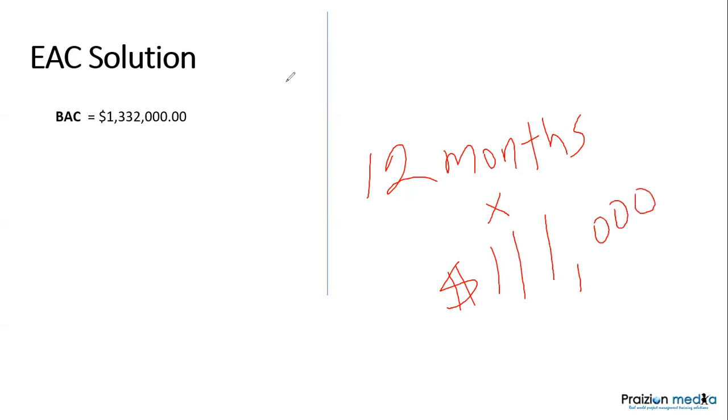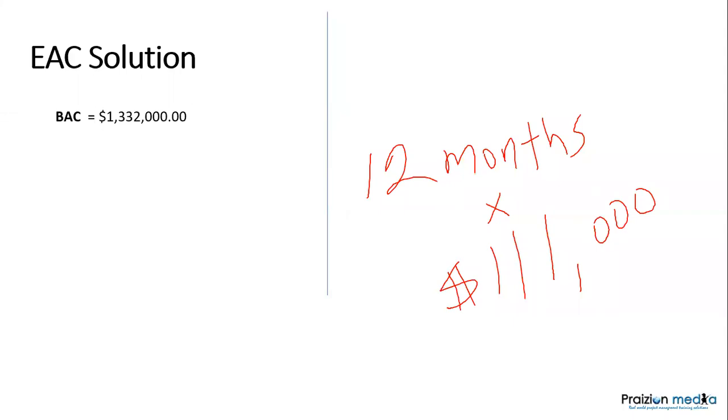So if you multiply 111,000 by 12, that is precisely what you get. For that reason, I would advise that you have a very reliable calculator handy when you go through these quizzes. And of course, on the exam, you'll be given one. So that's how we got the BAC to start with.